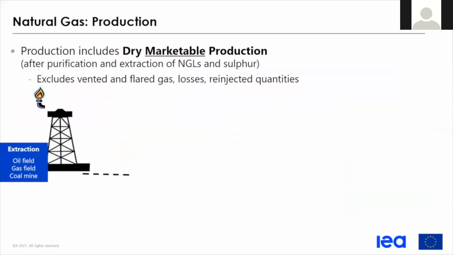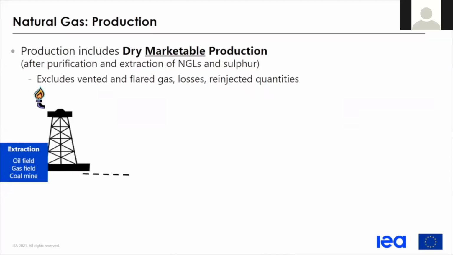They are re-injected to favor more commercializable products and to keep the pressure within the field. Also, keeping track of re-injected quantities is not mandatory. We encourage countries to keep track of those values, and especially of the flared gas, which is important for the CO2 accountability of a country. They represent a large part of CO2 emissions in the atmosphere.